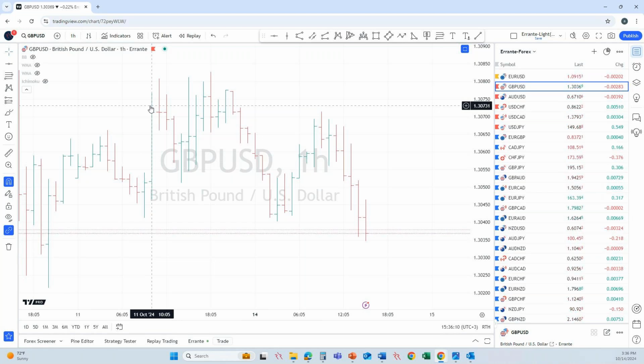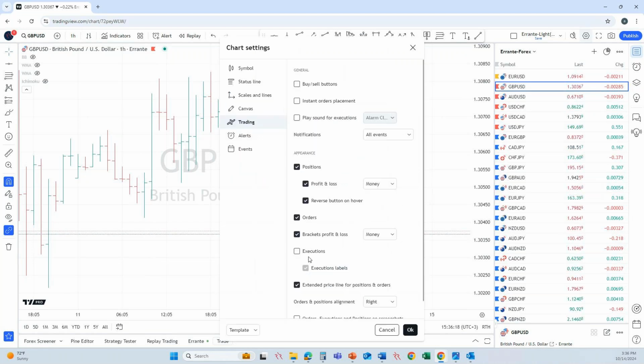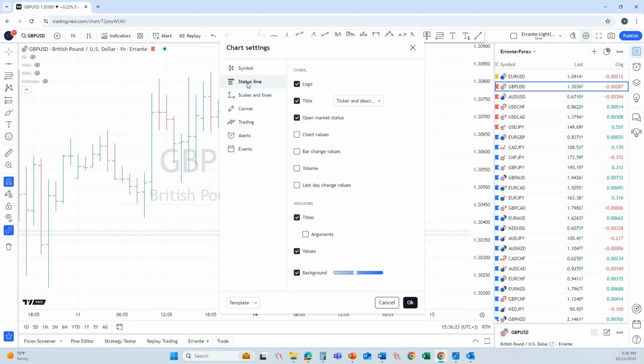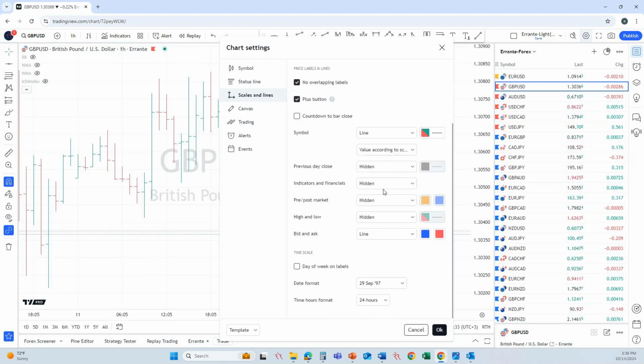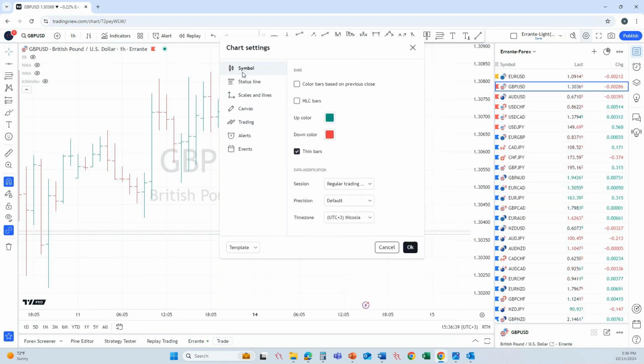So it depends on the method you use, but you have the choice to change it in the settings. In the symbol area, you can change the data modification.